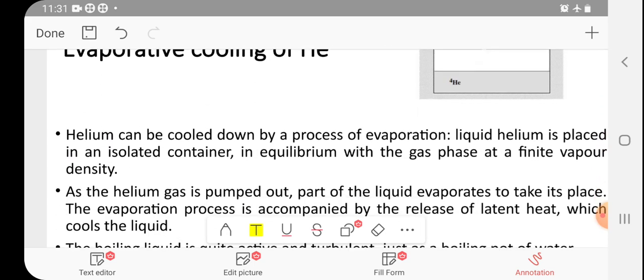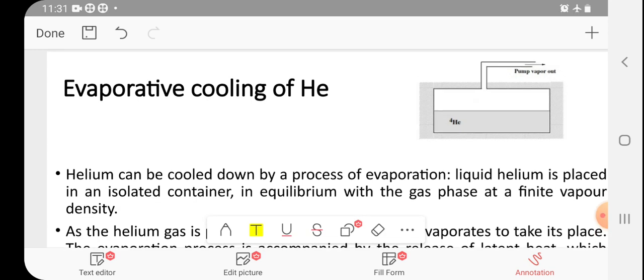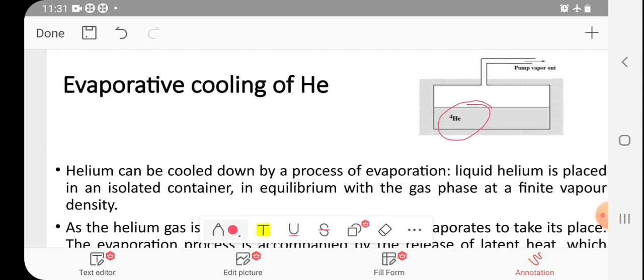Now, some other facts about helium. Now I will discuss what is known as evaporative cooling of helium. For this you need a chamber. Here there is liquid helium, and helium can be cooled down by a process of evaporation.